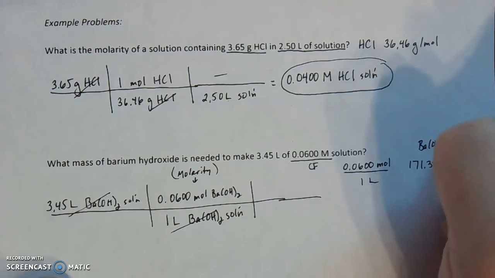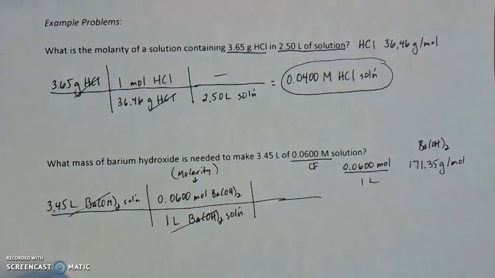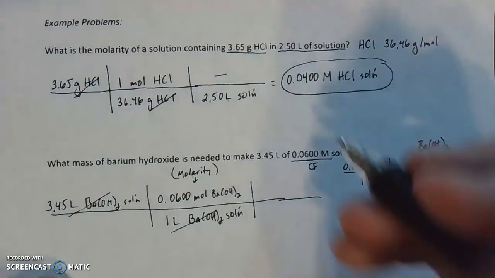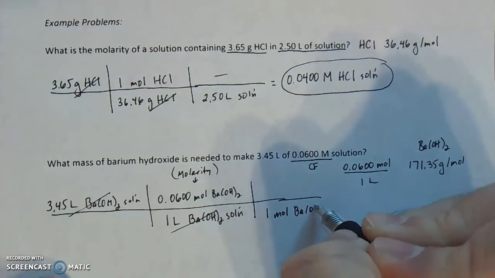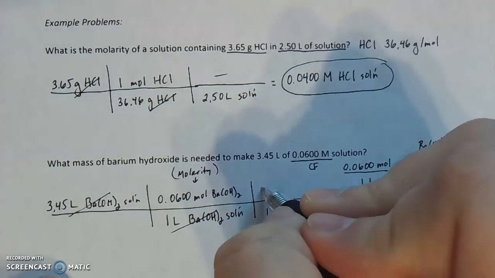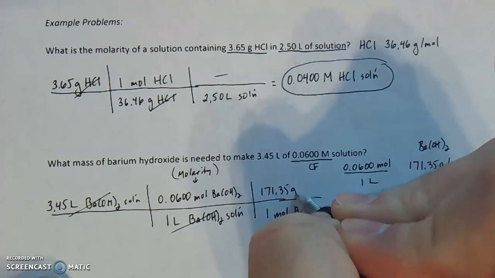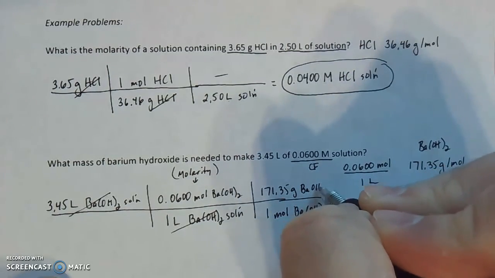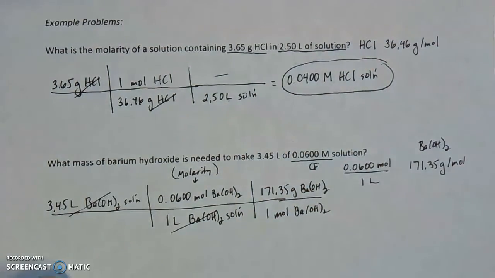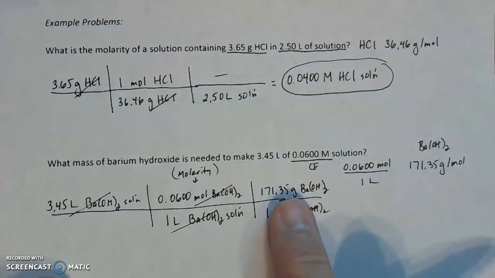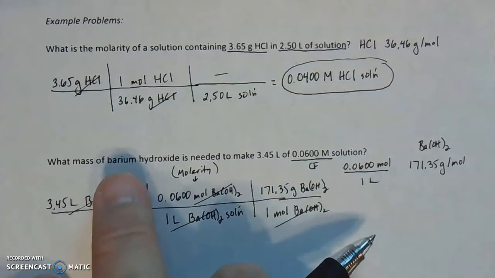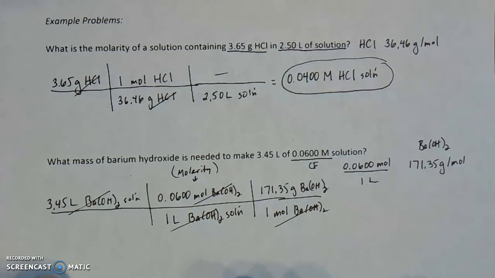Barium hydroxide's formula is BaOH2. So we want moles to cross out. So 1 mole of barium hydroxide is 171.35 grams of barium hydroxide. So our moles cross off. We're left with a mass of barium hydroxide, which is what we're looking for.